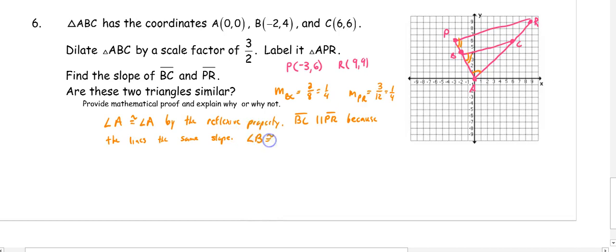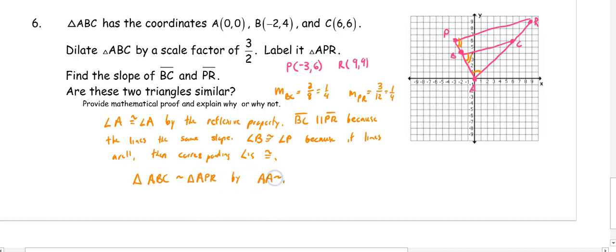So we say B is congruent to angle P because if lines are parallel, then corresponding angles are congruent. Now that we have two sets of angles that are congruent, we can say the triangles are similar. So triangle ABC is similar to APR by angle-angle similarity.